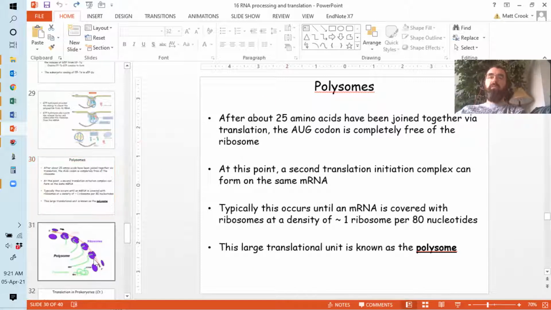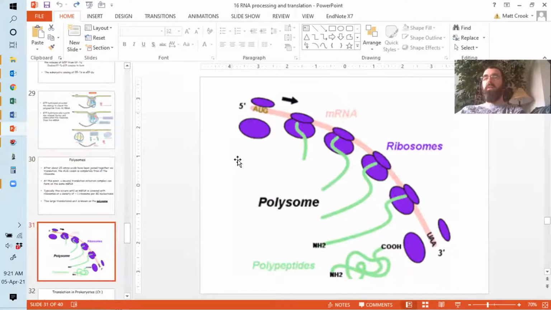When you have multiples of those, you get what's called the polysome. This is a very efficient way of ramping up production of a protein from an mRNA. Because all this takes time. It takes time to turn on the gene, time to transcribe it, process the mRNA. That mRNA has to get out to the cytoplasm.